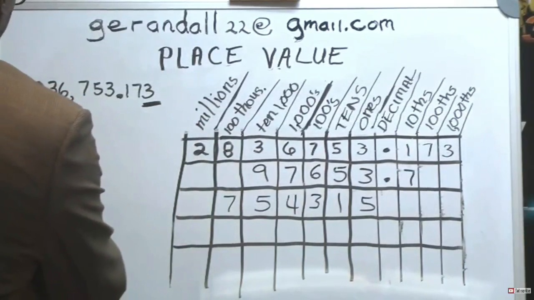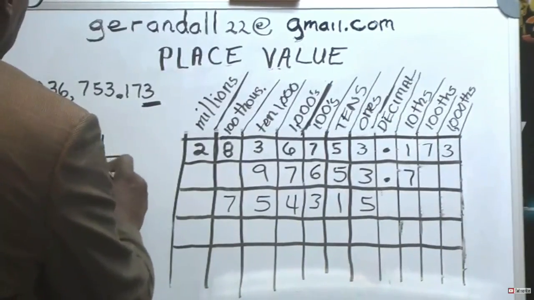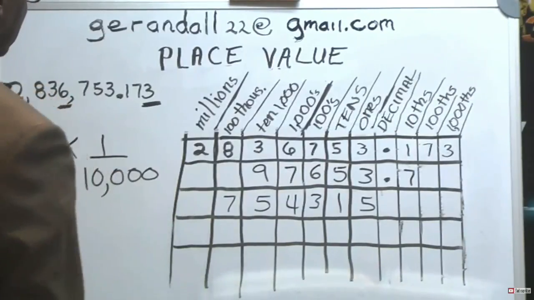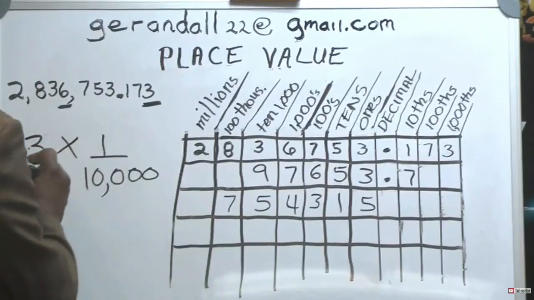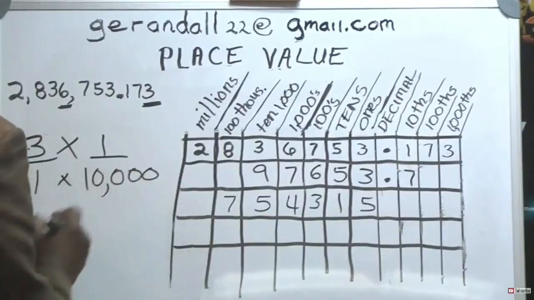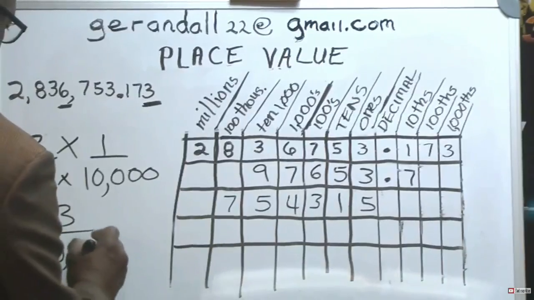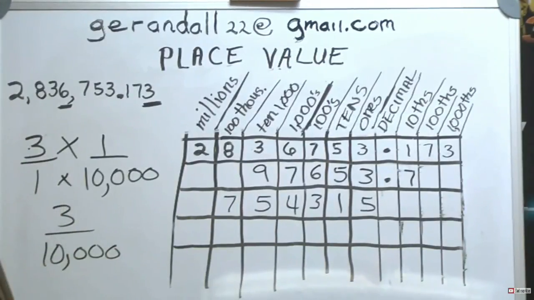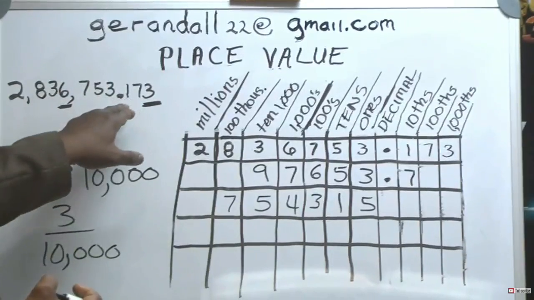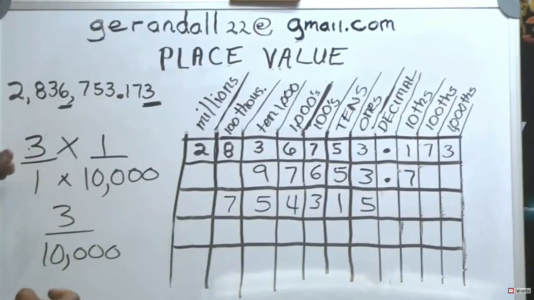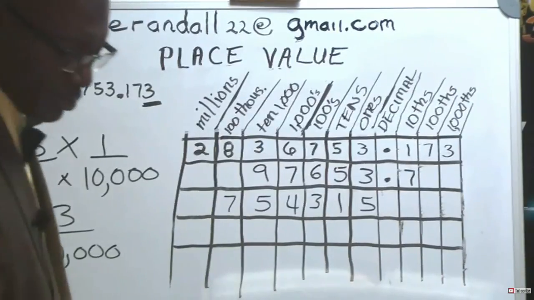You would multiply that 3 times 1 over 10,000. And again, this is a fraction problem: 3 times 1 and 1 times 10,000. Getting right back to what we started with, fractions, just another way to say it. We expressed it in decimal, and then we did it in expanded form, and then we converted back to a fraction.